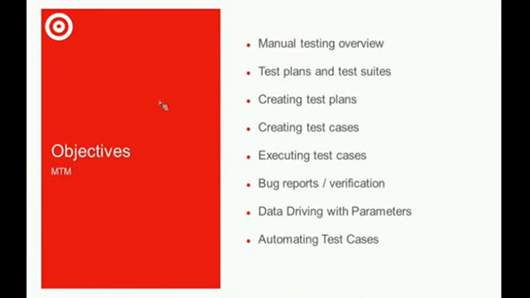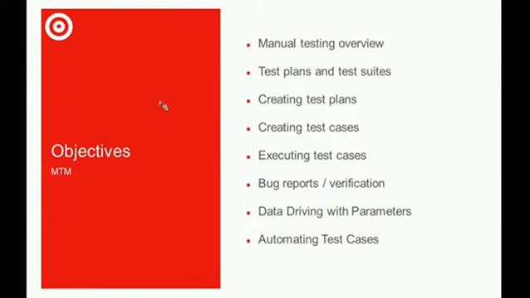On to today's material then. There are several subjects I'm going to cover today. I'm going to give you a quick overview of manual testing. Then we'll talk about test plans and test suites, which is how things are organised within MTM. How to create a test plan, and then how to create test cases that actually help you to do the testing.